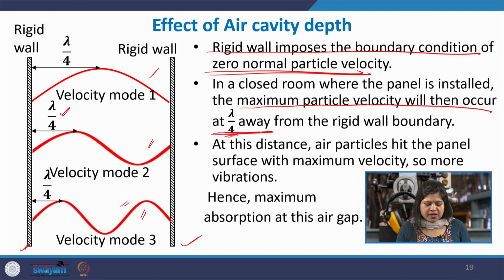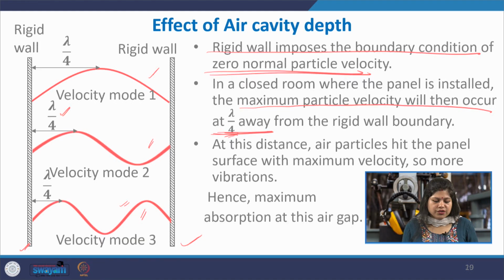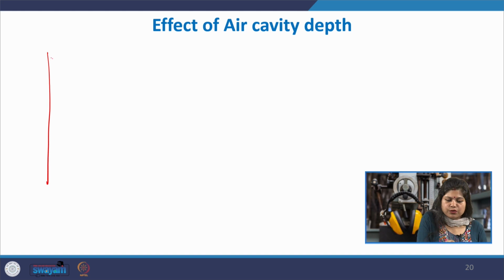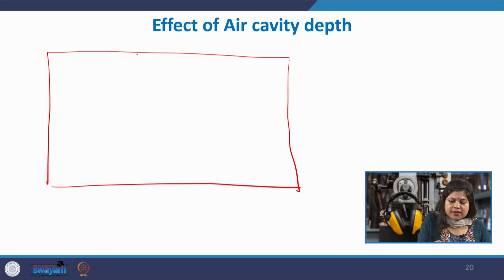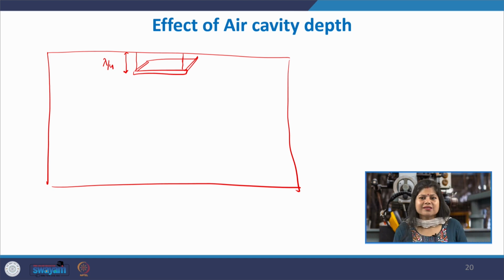Hence, with this knowledge, let us say we have some confined room, and we are hanging the panels in that room. What if we keep the length as lambda by 4 for these cables?